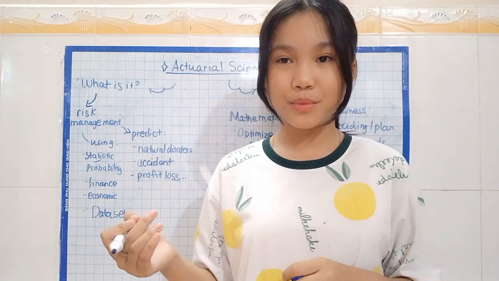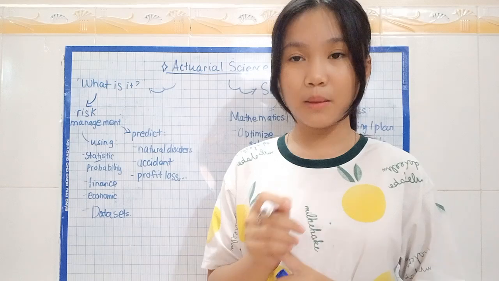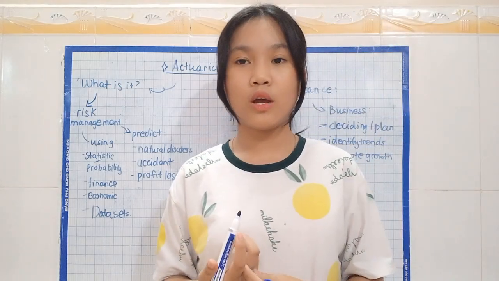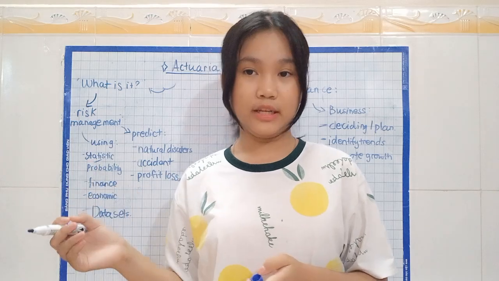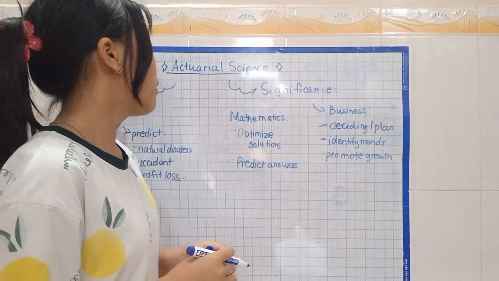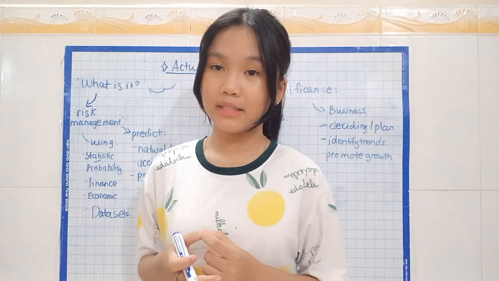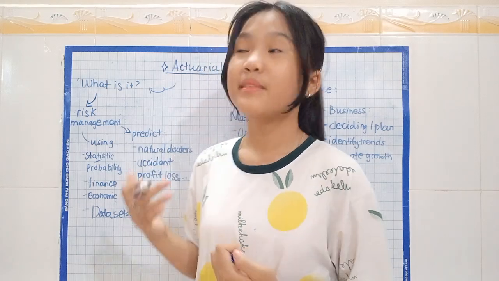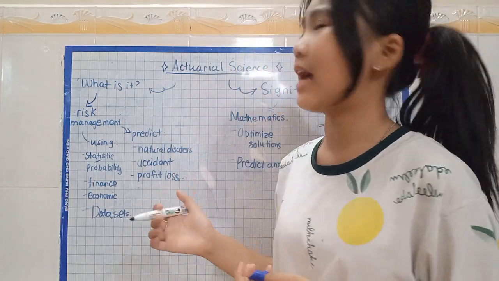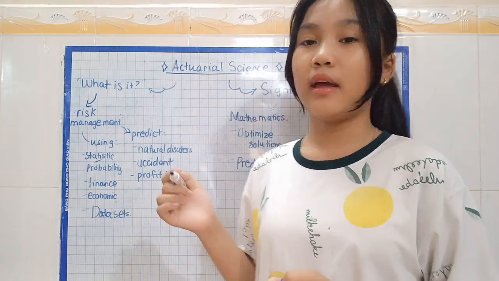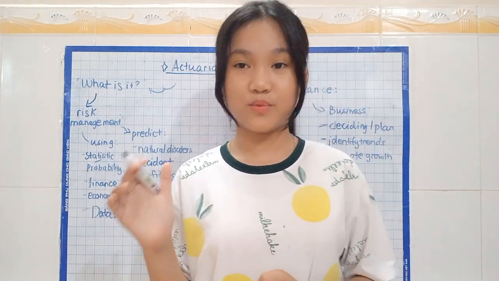We've got new members, and we've also changed the topic and the name of our group, which is now Junior Actuarial Learning. For this week, I would like to present my thoughts on what actuarial science is and its significance in mathematics and business first.